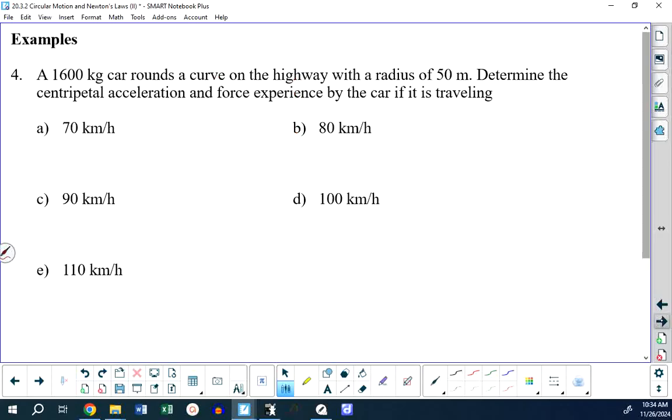Well, the next set of questions is going to have a lot of calculations, but rather than do them over and over again, we're going to do the set of calculations once and then use some features of our calculator to make it simpler. A 1,600 kilogram car rounds a curve on the highway with a radius of 50 meters. What's the centripetal acceleration in all of these cases? Okay. So the first thing to do is we need to divide this number by 3.6 to get meters per second.